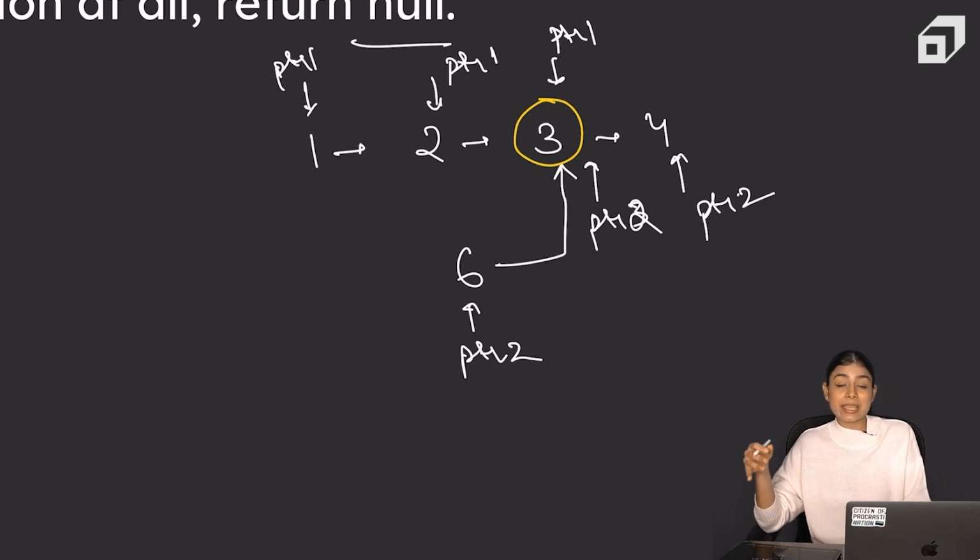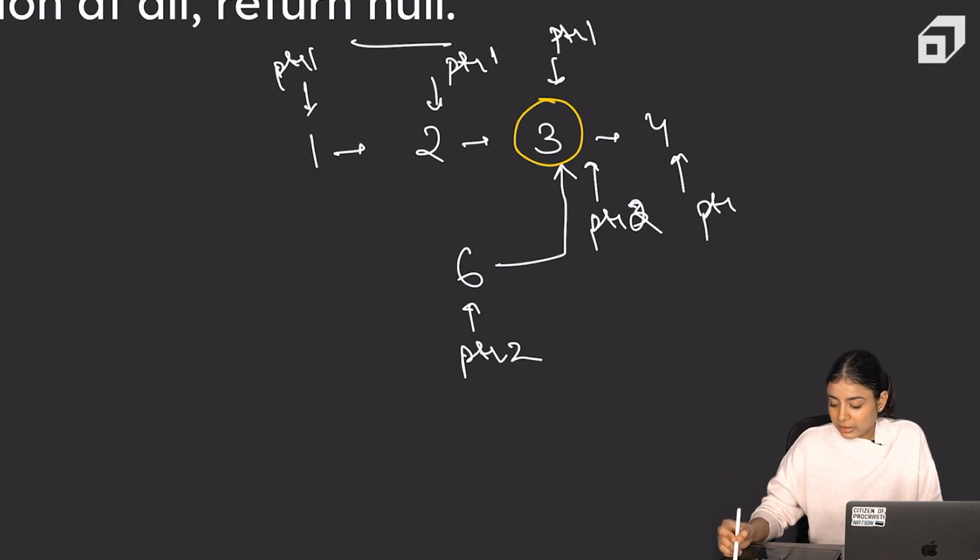So in this case, when the lengths of my linked lists are unequal, even if there is an intersection, pointer 1 and pointer 2 will never meet each other, right?